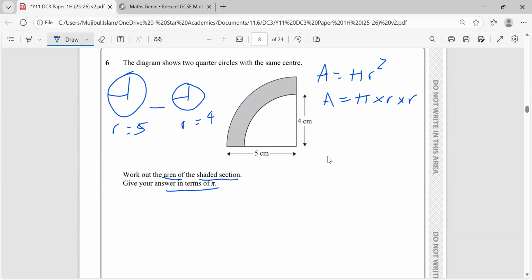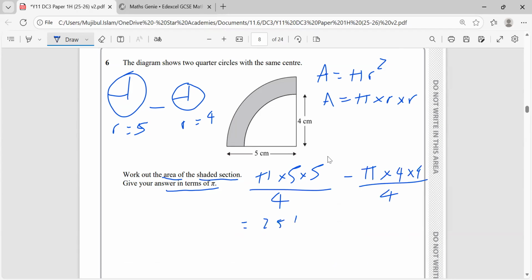So for the big circle, it's going to be pi times 5 times 5 divided by 4, take away pi times 4 times 4 divided by 4. So this now gives me 25 pi divided by 4. I can leave it as a fraction for now. And the 4s will cancel each other out, so this is just 4 pi.